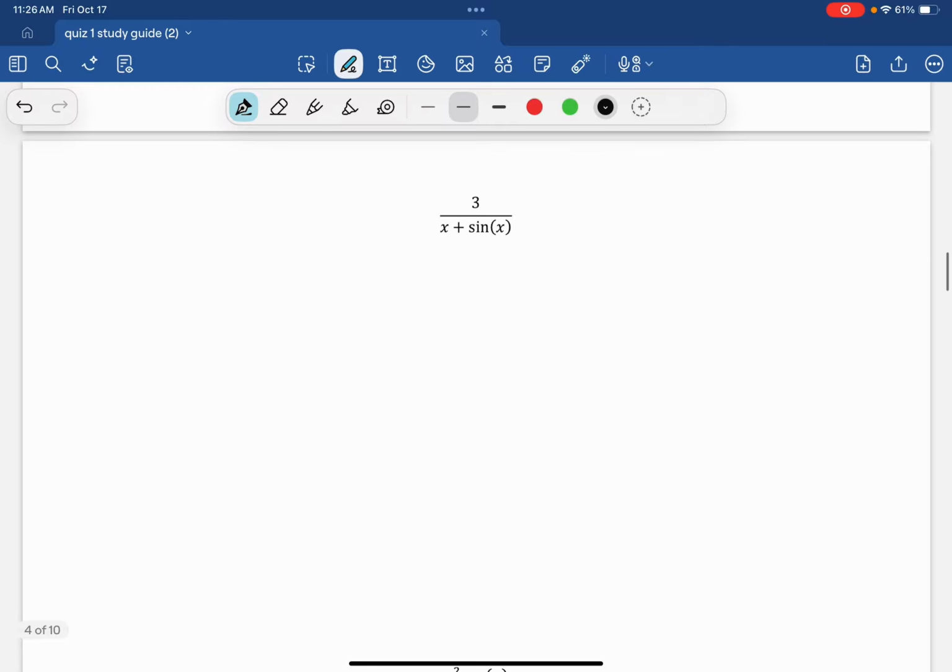Let's do the next one. Here we need to use quotient rule. So remember, that's low d high minus high d low over low squared. So low, x plus sine x, times d high, so that's the derivative of 3, which is 0, because it's a constant. So that minus high d low, so 3 times the derivative of x plus sine x, which is 1 plus cosine x.